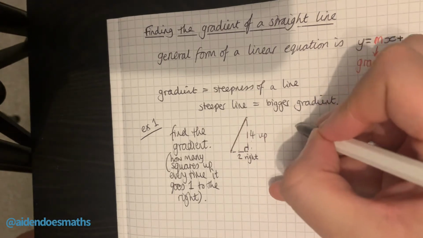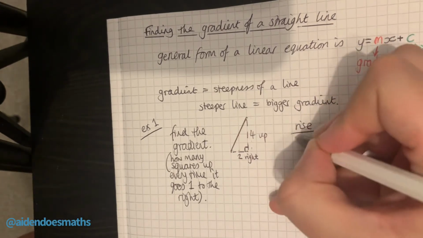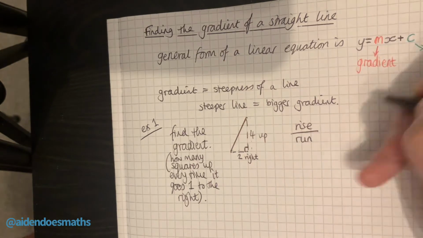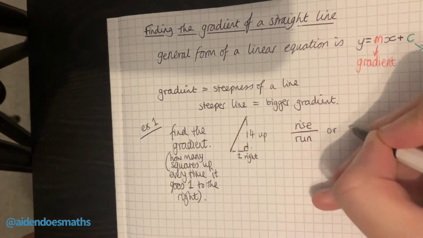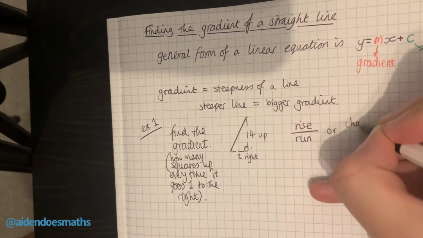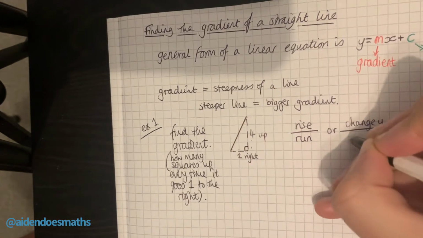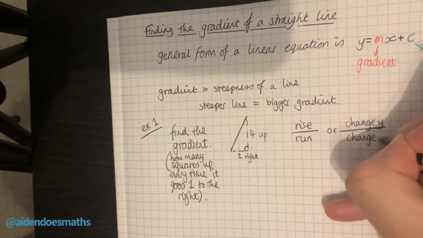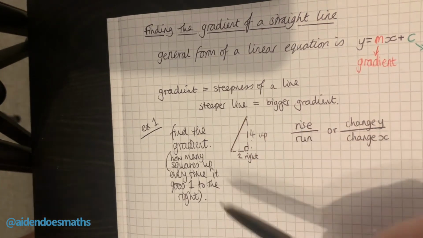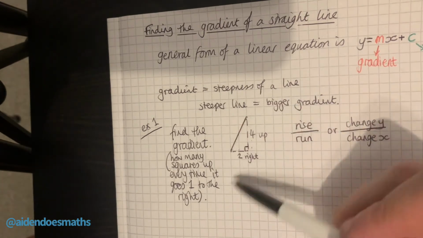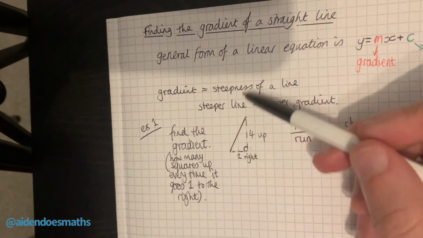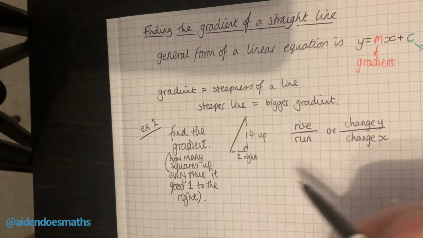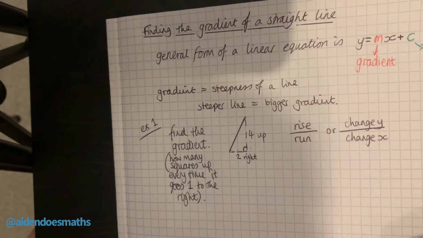So we use something called either rise over run, or we call it the change in y over the change in x. And if you think about it, rise means we're going higher. Okay, so that's our change in the y-axis, how many up we go. Run, when we run, usually we're going just across.